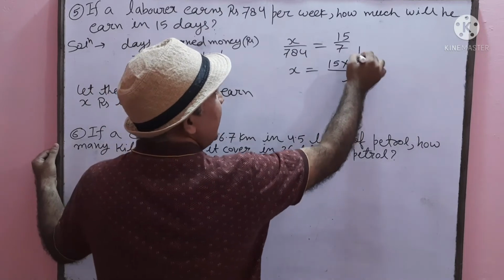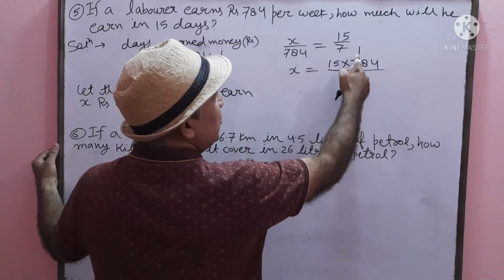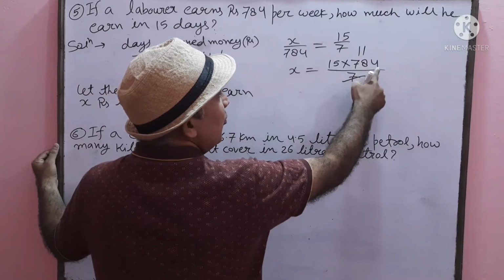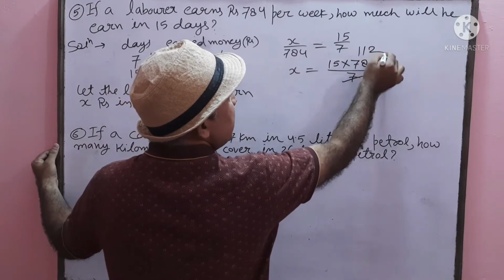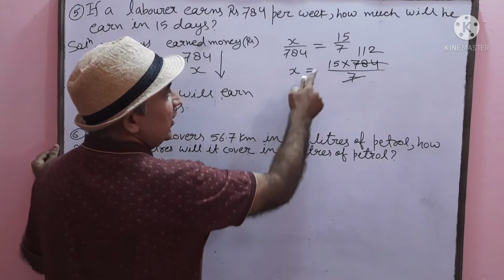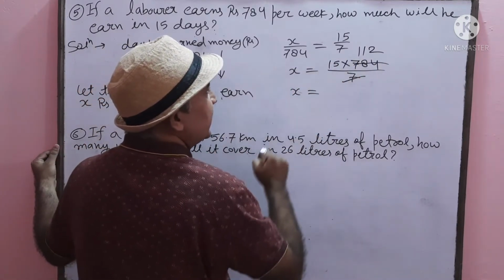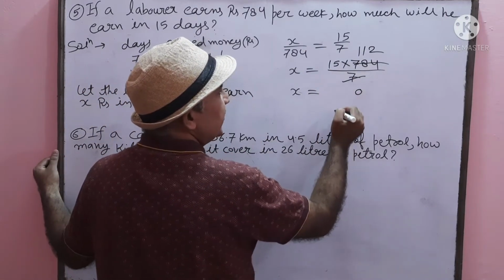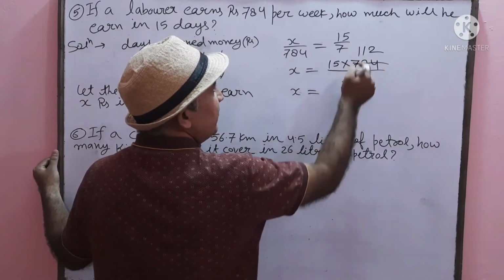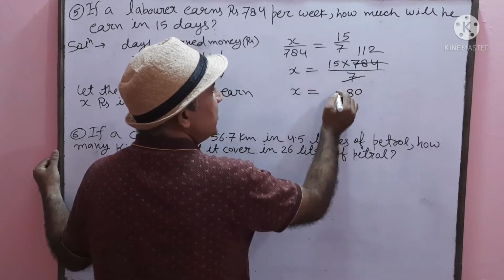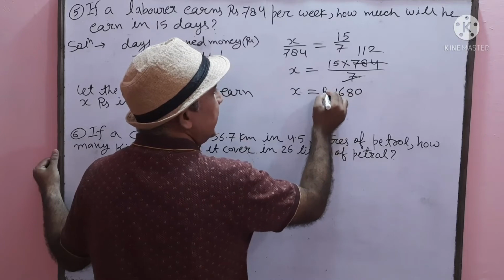Now divide 784 by this 7. 7 into 1 is 7, 1 remainder. Then 14: 7 into 2 is 14. So X is equal to 15 into 112. 15 2s are 30, 3 carry on. 15 1s are 15, plus 3 is 18, 1 carry on. 15 1s are 15, plus 1 is 16.